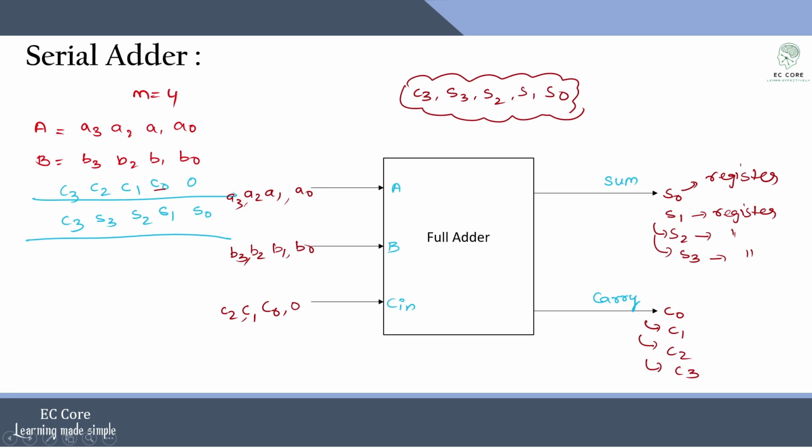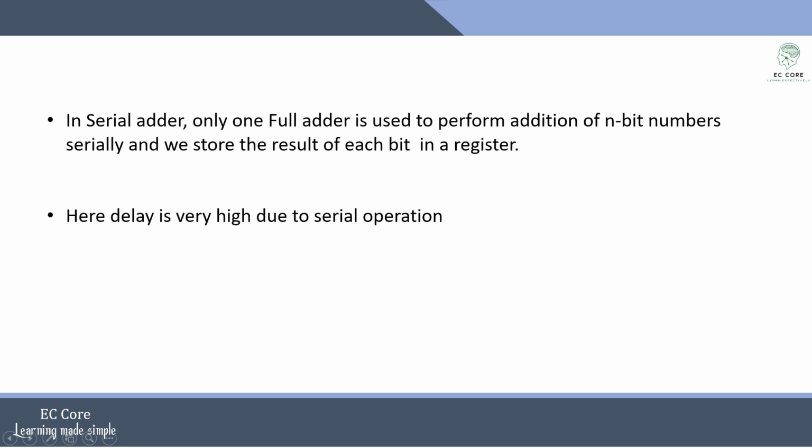So what we can conclude from this is that in a serial adder we are using only one full adder for performing addition of n-bit numbers.